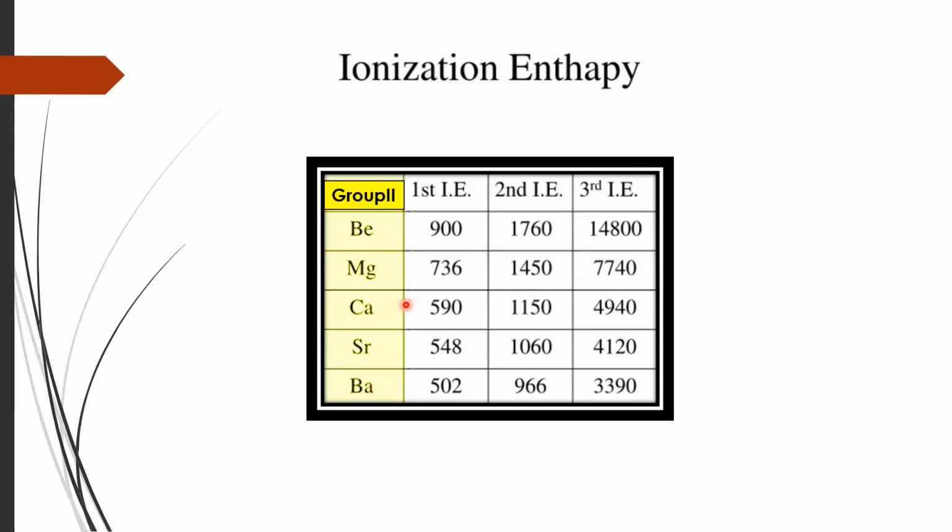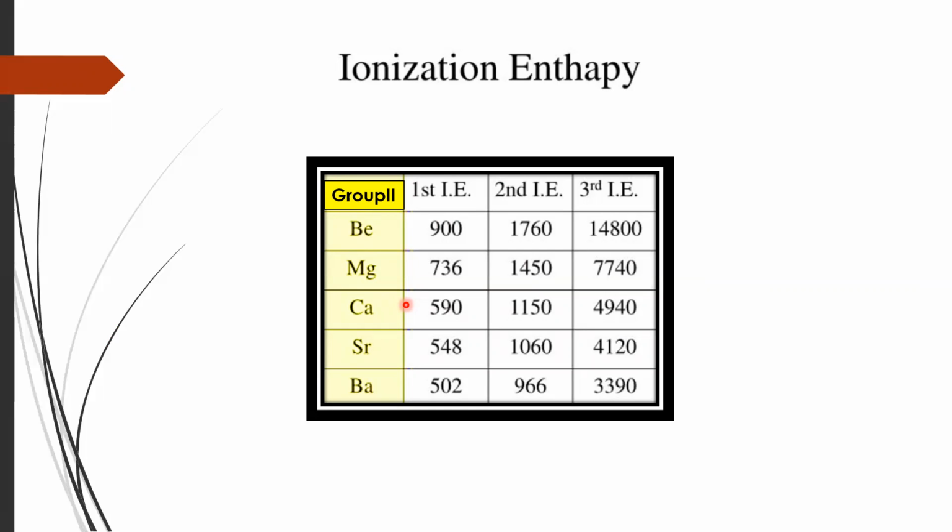Similarly, the second ionization energy is more, because if we take an example of magnesium, the atomic number is 12. Hence, its electronic configuration is 2, 8, 2. Ionization enthalpy means removal of one electron at a time. Therefore, it removes one electron at a time.